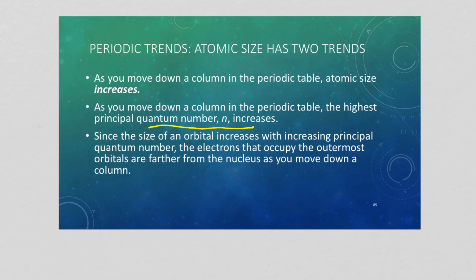And so as the size of the orbital increases with increasing principal quantum number, the electrons occupy these outermost orbitals, are further away from the nucleus, giving a larger atomic radii. Okay. So we can explain the trend, again, using these basic ideas.